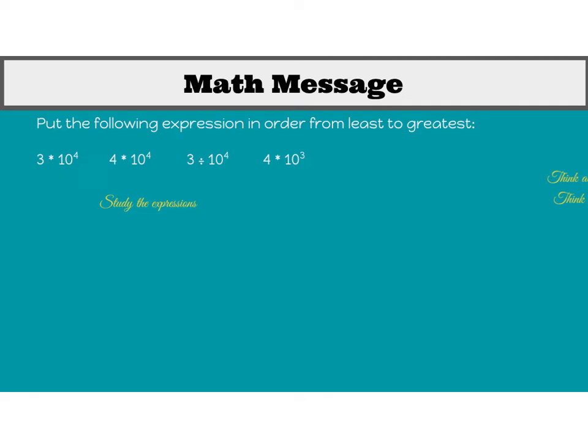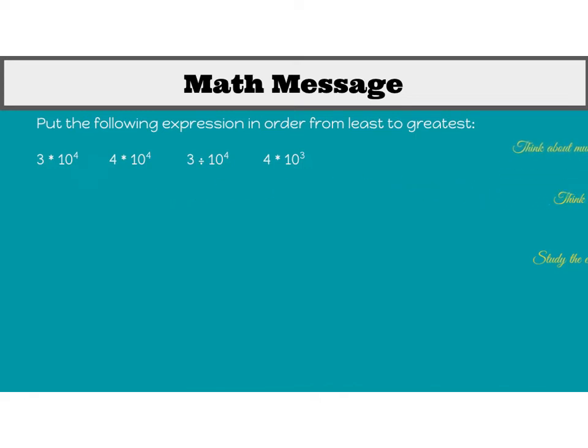Something else to notice: with multiplication, we normally have a product that is greater than both factors. When we divide, our quotient is usually less than the dividend when the divisor is greater than 1. So think about that.